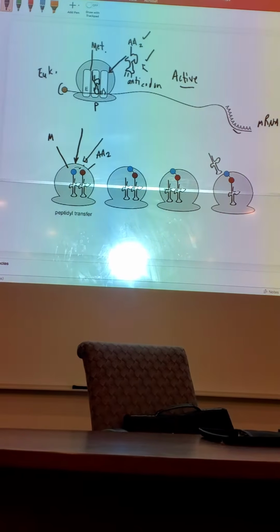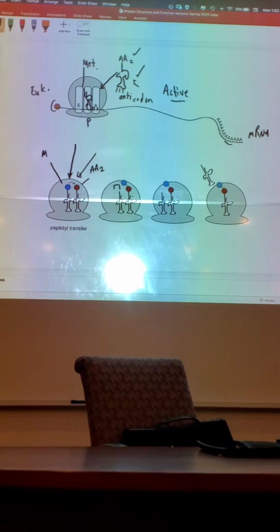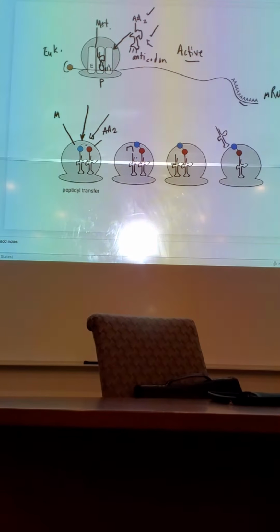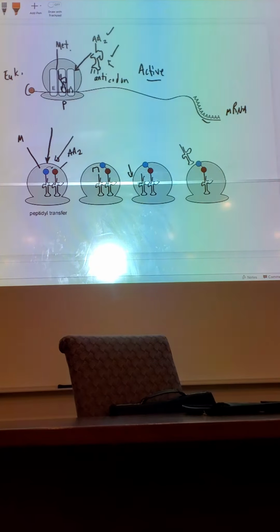That leaves an empty tRNA sitting in the P site, and during the process of that transfer, these 2 tRNAs slide over into the E and P sites. So now the empty tRNA, the one that's shed its amino acid, if you will, is sitting in the E site, and the tRNA that now has grown by 1 amino acid is sitting in the P site.